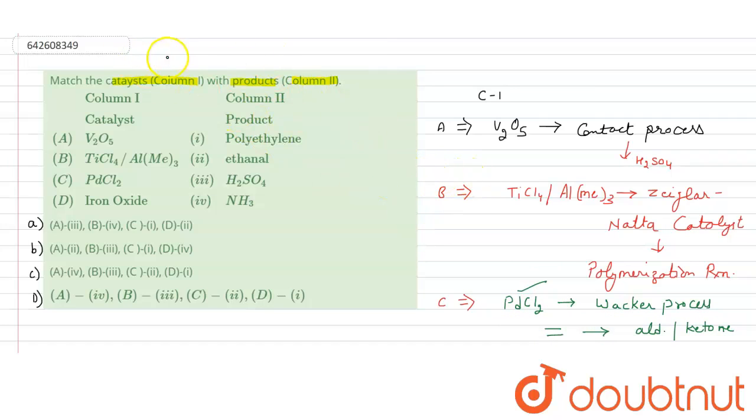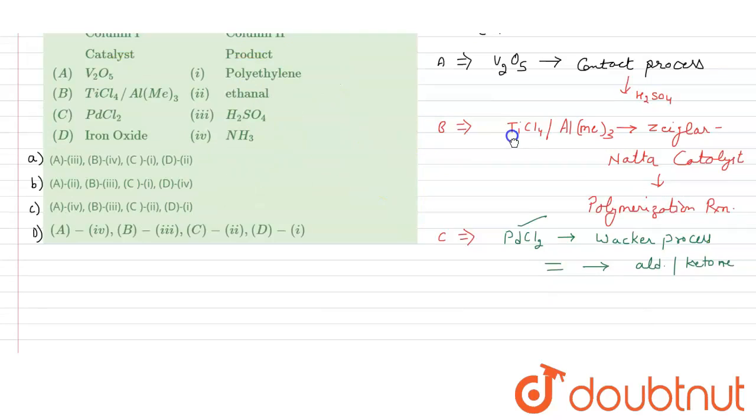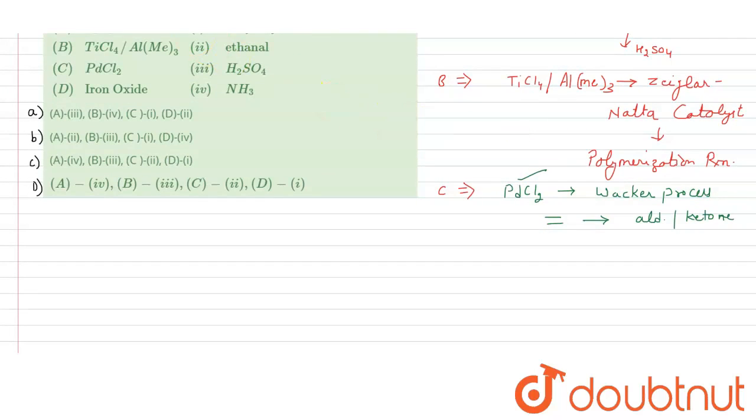And if I talk about iron oxide, D, this catalyst is used in the Haber process. Now, what is the Haber process?